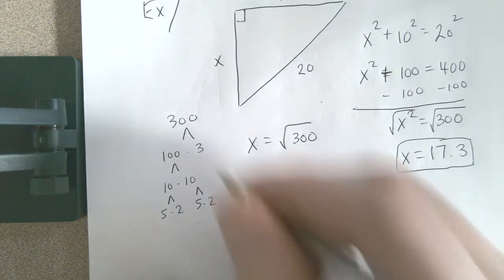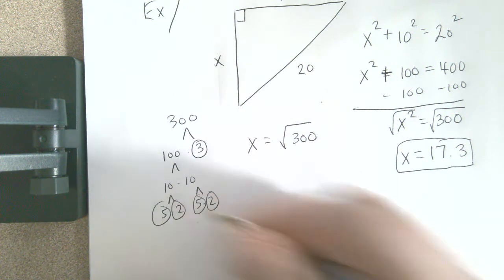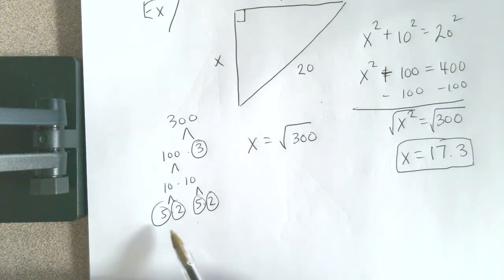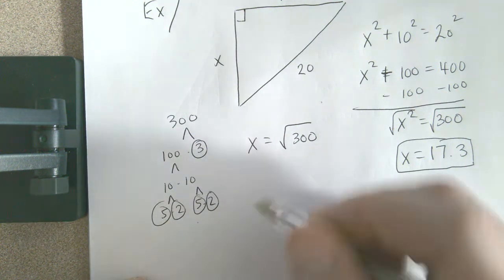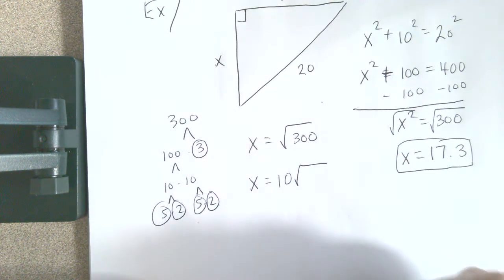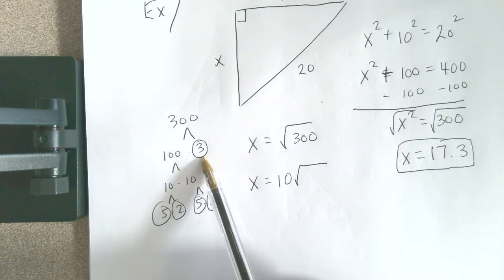So if I then circle my prime numbers, anything that would be a pair gets to come outside the radical. So notice I've got two 5s and I've got two 2s. Well, what is 5 times 2? That's 10. And then anything that does not have a pair stays under the radical.